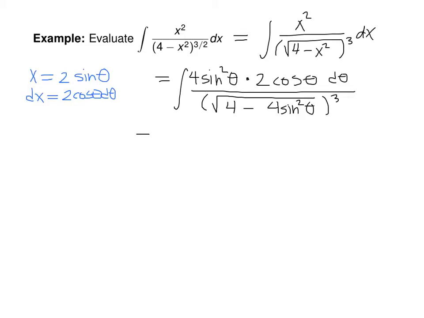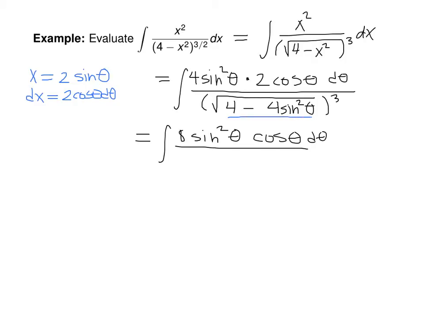So that's 8 sine squared theta cosine theta d theta over, now in the denominator, the root of 4 minus 4 sine squared theta is actually equal to 2 times cosine of theta.